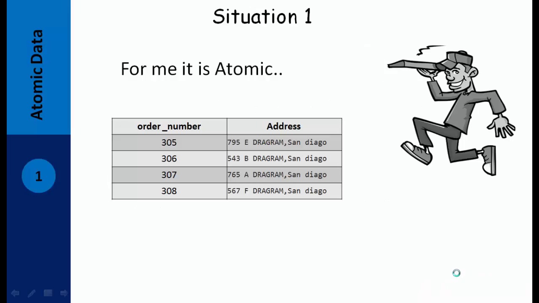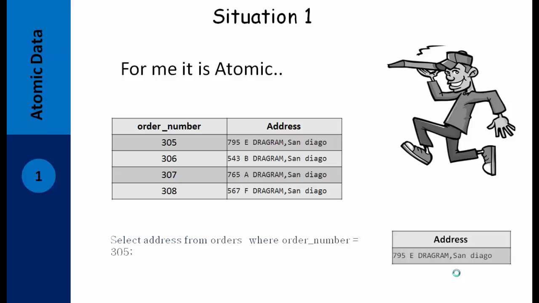Let's take two situations. For a pizza delivery boy, he just needs the street number and complete address in a single column. So for him, this order table is atomic enough. He can just search for his orders and get his result. He just needs to directly write select address from orders where order number equal to 305, and he would get his address.